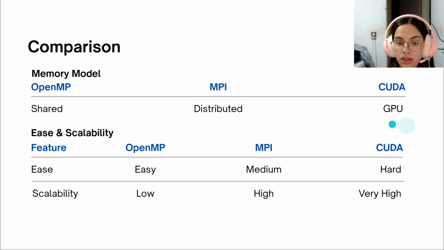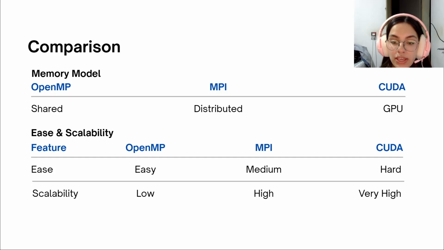So a key difference between these models is the memory model. OpenMP uses shared memory, where all threads access the same data. MPI uses distributed memory, where each process has its own data. CUDA uses GPU memory, which is separate from the CPU memory.